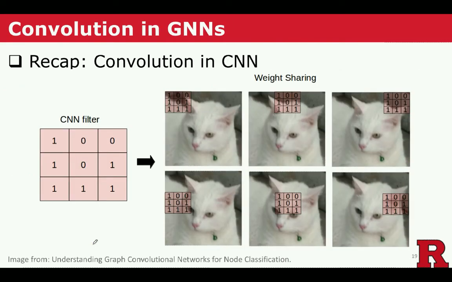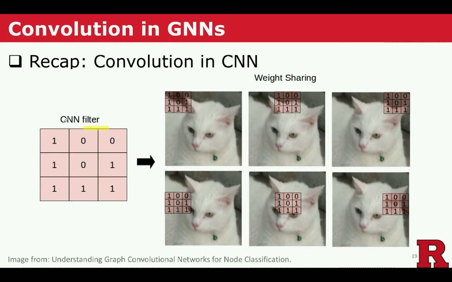Let's first do some recap. Convolution in CNN refers to multiplying the input neurons with a set of weights that are commonly known as filters or kernels. The filters act as a sliding window across the whole image and enable CNNs to learn features from the neighboring cells.